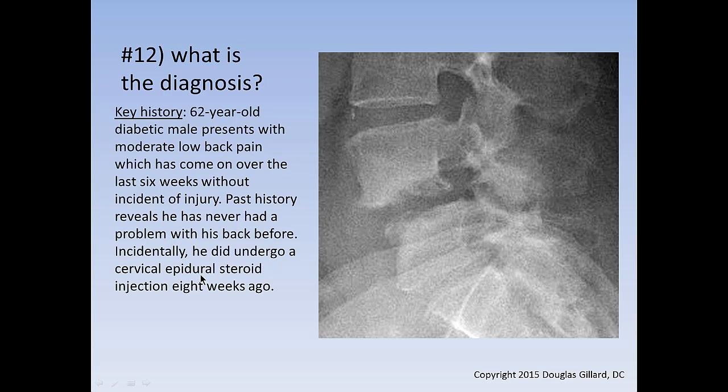Cervical, so he had a procedure done. Good. So this is a possible infection, an osteomyelitis of the spine versus discitis. Usually the two go together. So not a good thing. Off to the hospital this person goes immediately.